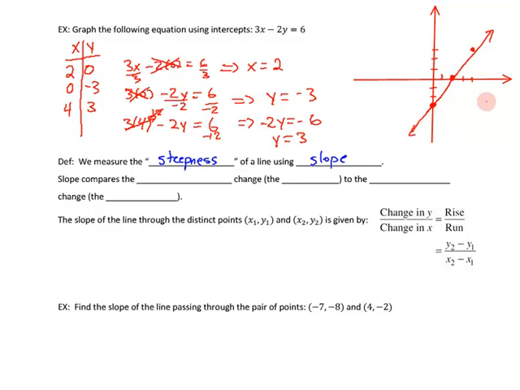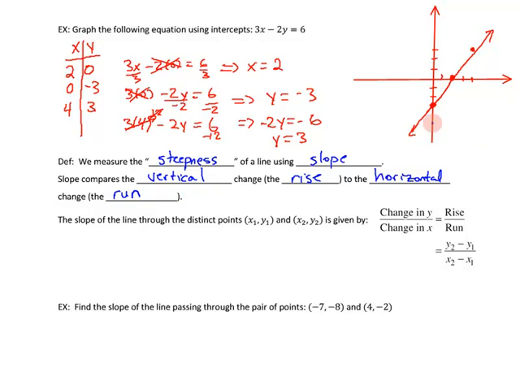Right? The shallower or less of an incline, less steep, we're going to say it has a lower slope, or closer to zero. Okay? So slope basically compares the vertical change, the rise of a line, to the horizontal change, or what we might refer to as the run of the line.